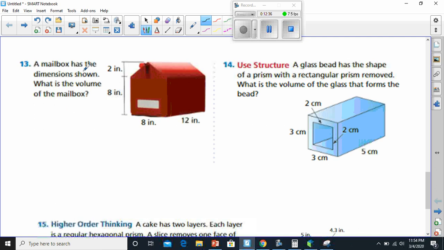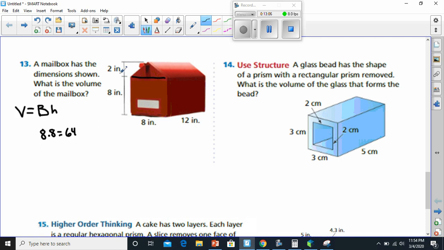It says here a mailbox has the dimensions shown. What is the volume? Again, if we find the volume equals the base times the height, we got to find the base of this, and the base is made up of 2 different shapes. Looks like a square and a triangle. Well, the square is 8 by 8, so 8 times 8 is going to be 64.